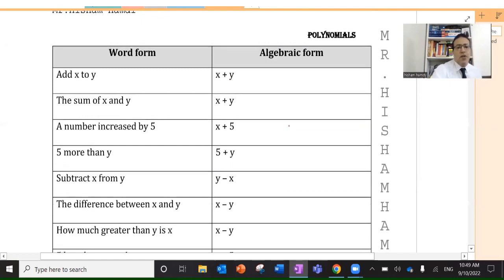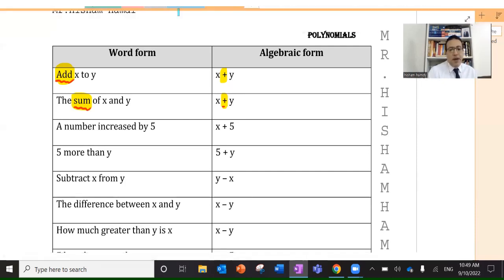Now, let me introduce for you some words or expressions in algebra that we are going to use while we are solving the SAT questions, or generally while we are solving any math problem. The word add is the same as the word sum, and it means plus, adding two numbers, x and y.